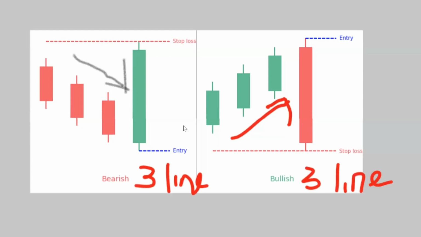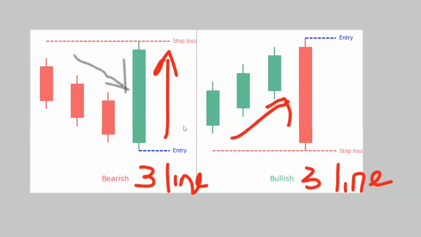A 3 line strike is mostly encountered when there's an upward momentum, like a big push to the upside, after a back to back opposite move.